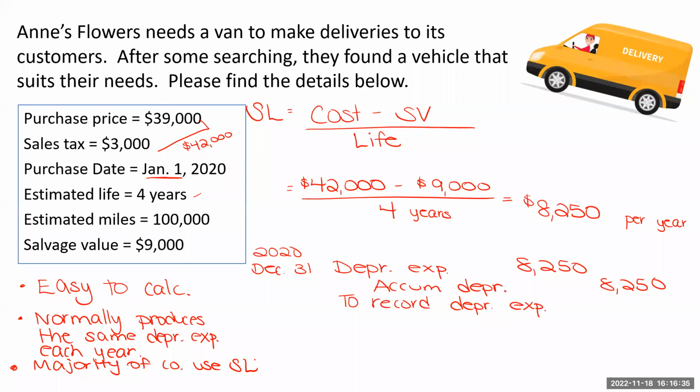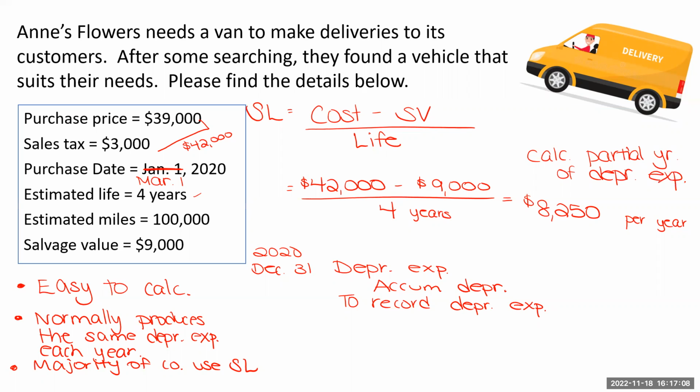Okay. Now you'll notice in the second bullet point there, I said that it normally produces the same depreciation expense each year. Here's a time when that may not be the case. Let's say we did not buy it on January 1st. Let's say we bought it on March 1st. Okay, if that's the case, we have to calculate a partial year of depreciation expense.